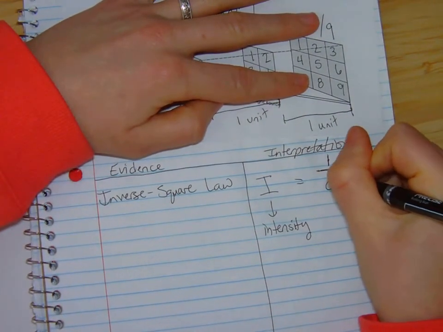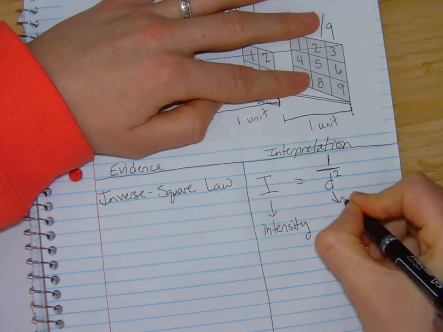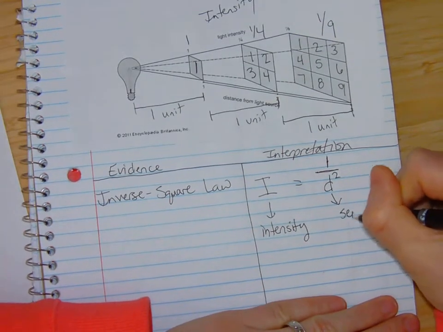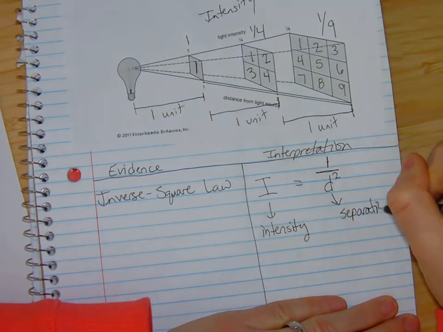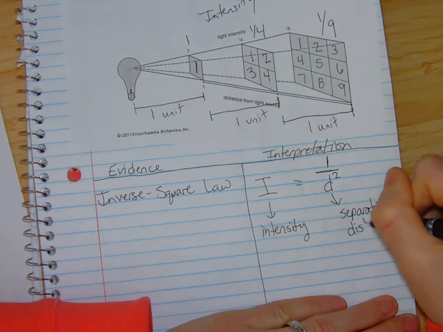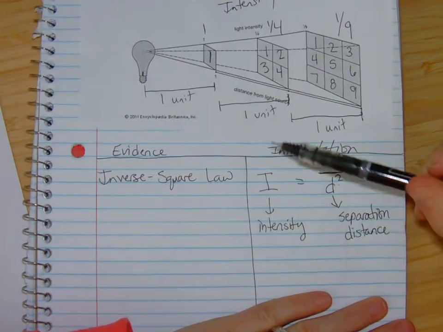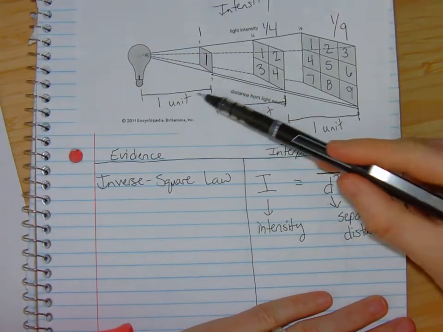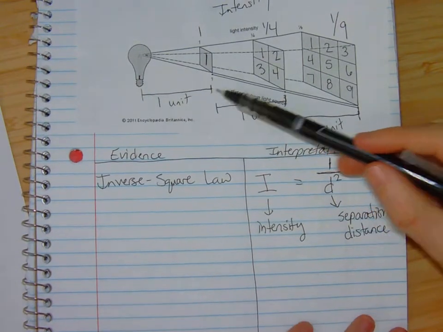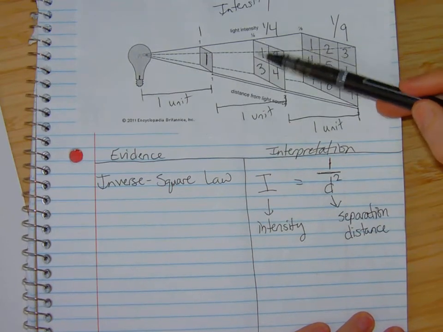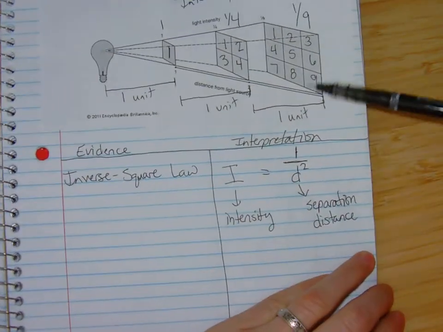It's going to be 1 over d squared. This d is going to be the separation distance. So we had a distance of 1 away: 1 over 1 squared, 1 over 2 squared, 1 over 3 squared.